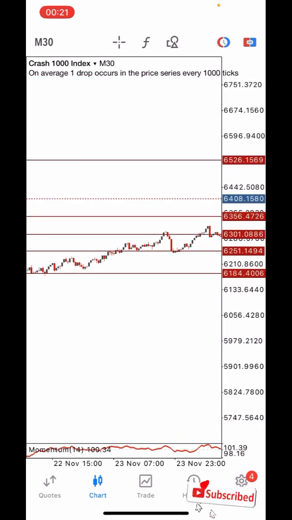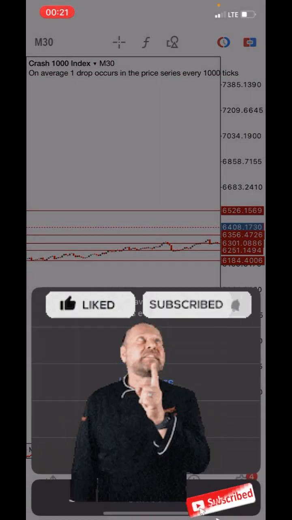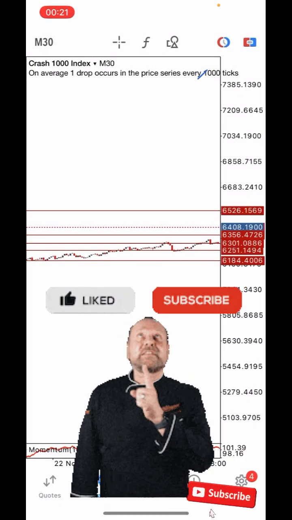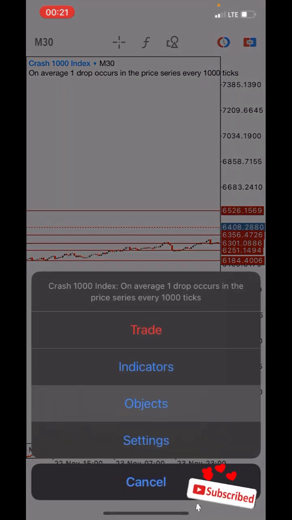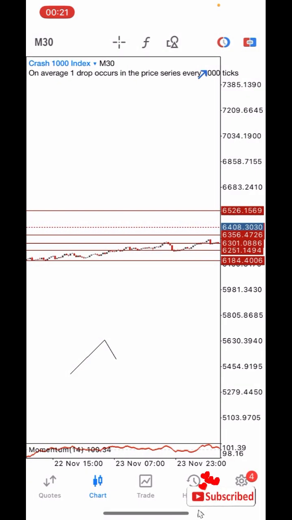Please make sure you pay close attention. Whenever you notice in the market that you have a bullish move, and you have, let's say, a bearish move like this, and then we have a bullish move like this.